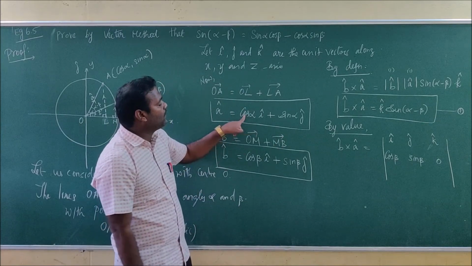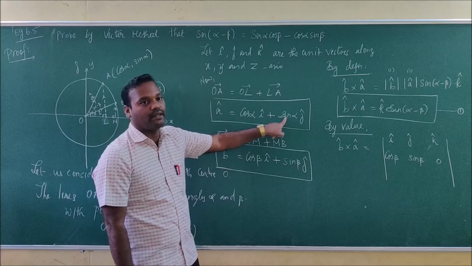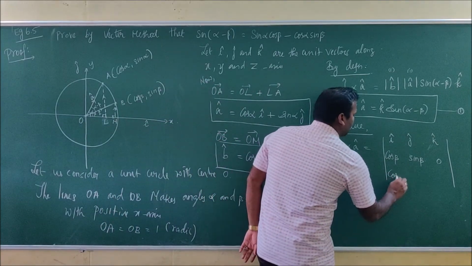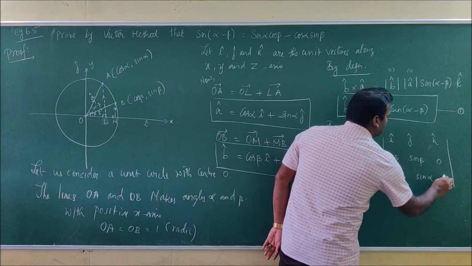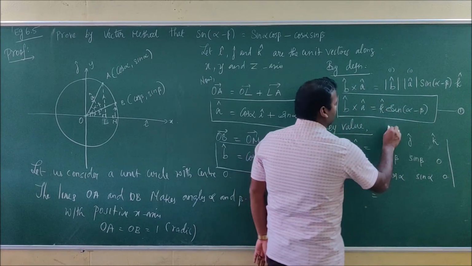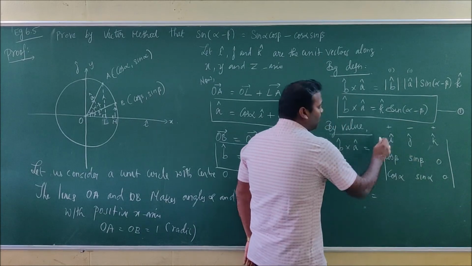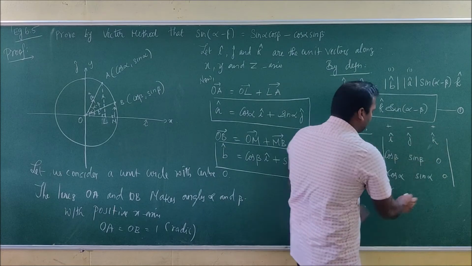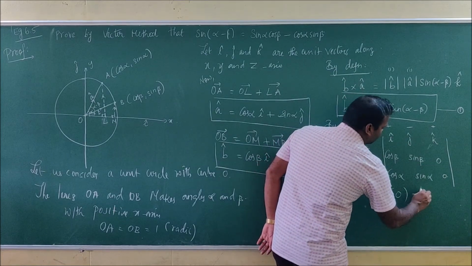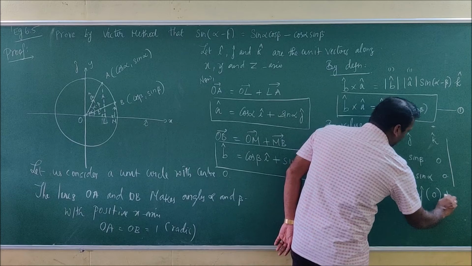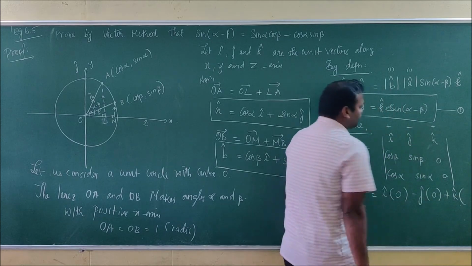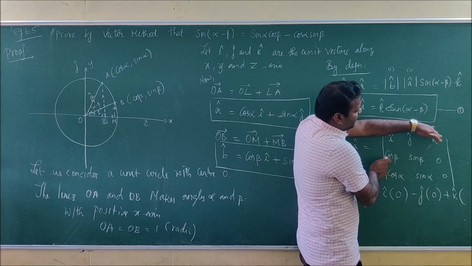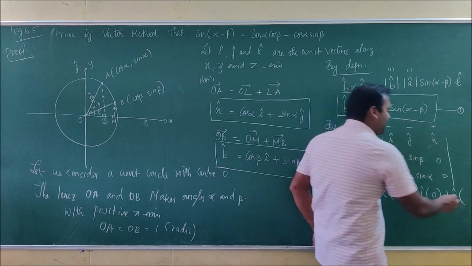In A cap you have cos alpha, sin alpha. There is no k cap term, so it is 0. So you have cos alpha, sin alpha, then 0. You have to expand this with alternating signs plus, minus, plus. When you expand, you get i cap into, both the things are 0, so 0, minus j cap into, this is also 0, plus k cap into sin alpha cos beta minus cos alpha sin beta.